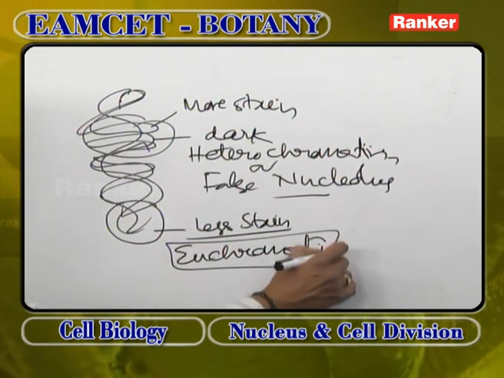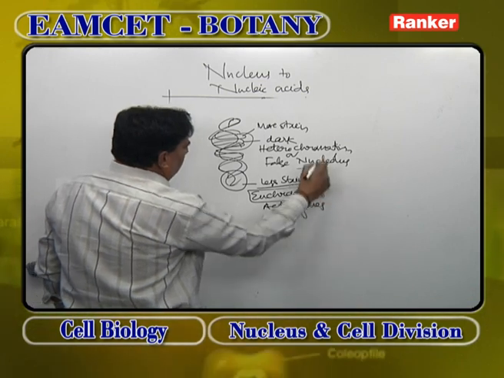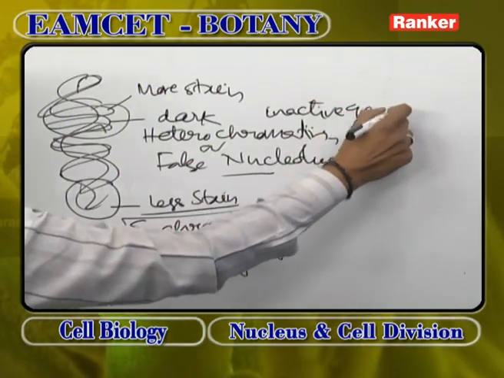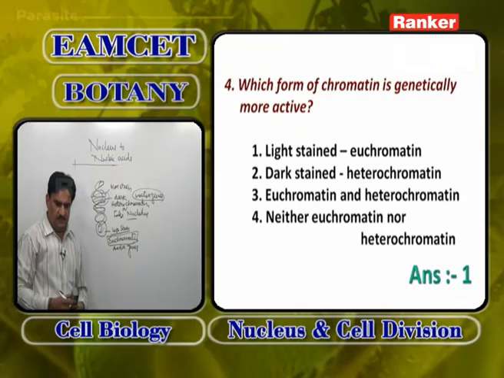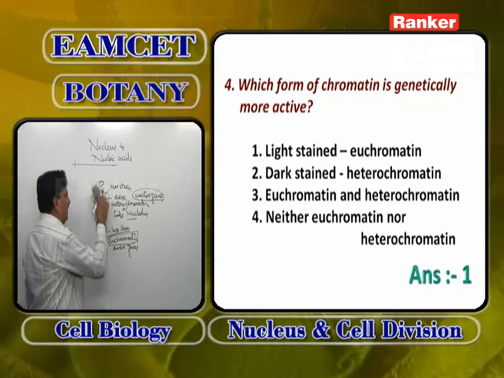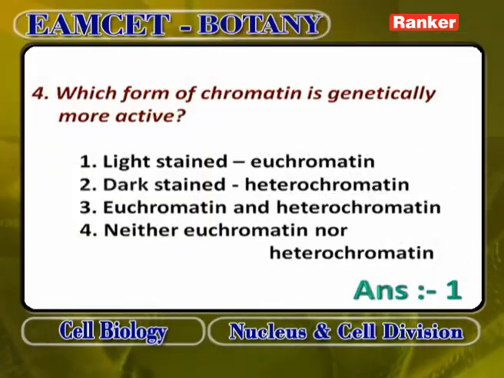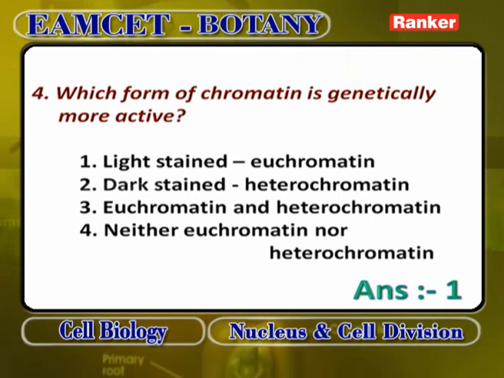Normally, active genes are present in euchromatin. Inactive genes are found in heterochromatin. So, according to this question, which form of chromatin is genetically active means lightly stained portion, euchromatin has many active genes. Dark stained heterochromatin does not have genetically active genes. Euchromatin and heterochromatin is wrong.